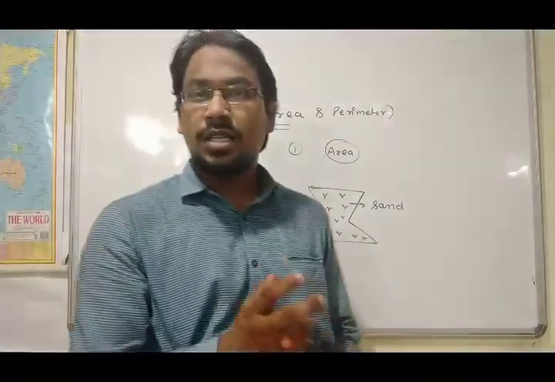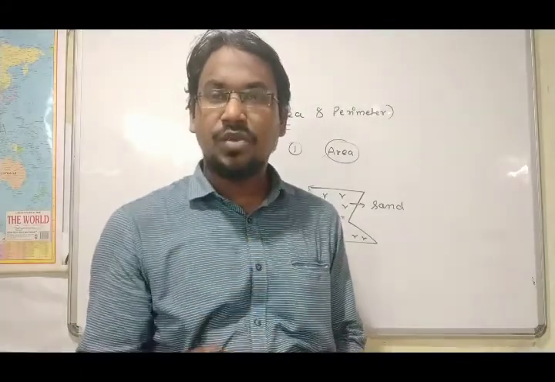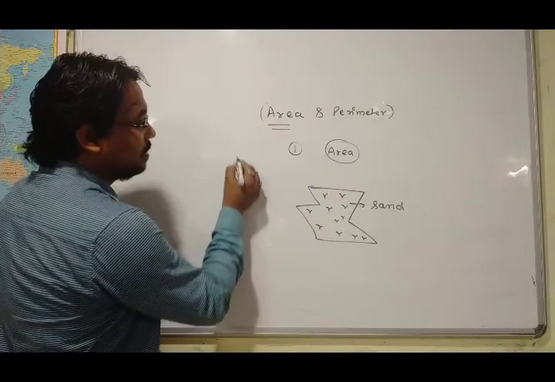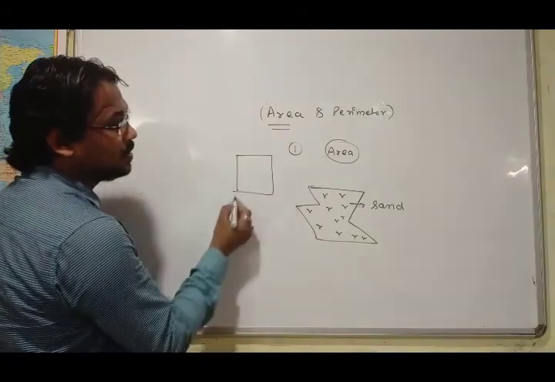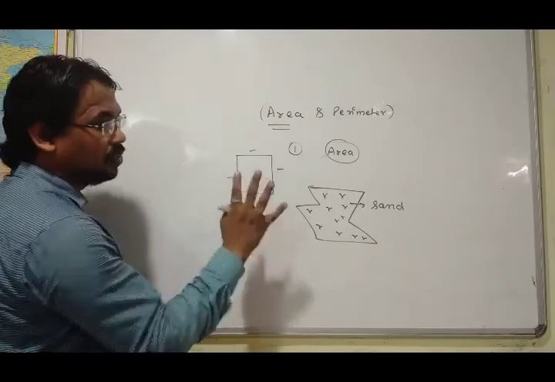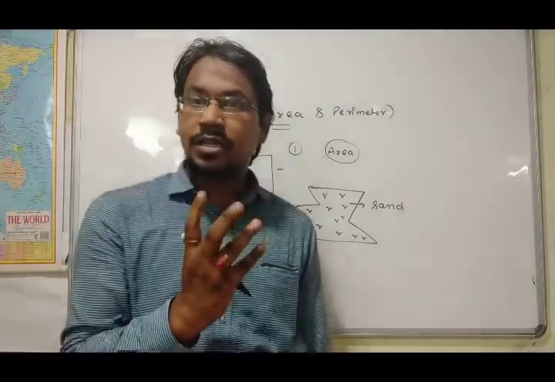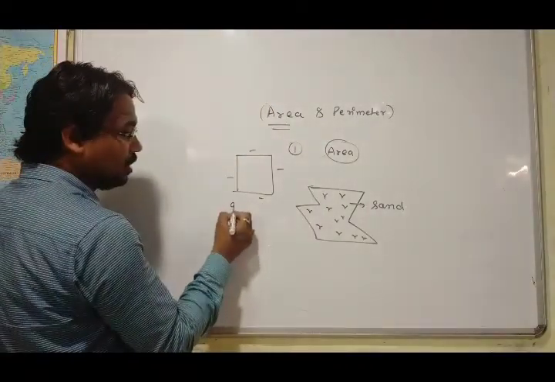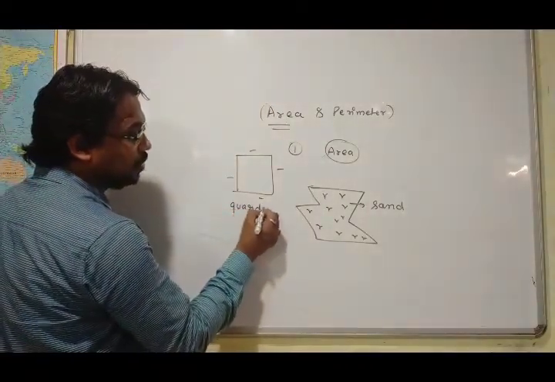Now in a different kind of figure we have a different kind of area. Here we have this kind of figure. Because it has 1, 2, 3, 4 sides, it comes under the topic called quadrilateral. Quadri means 4.